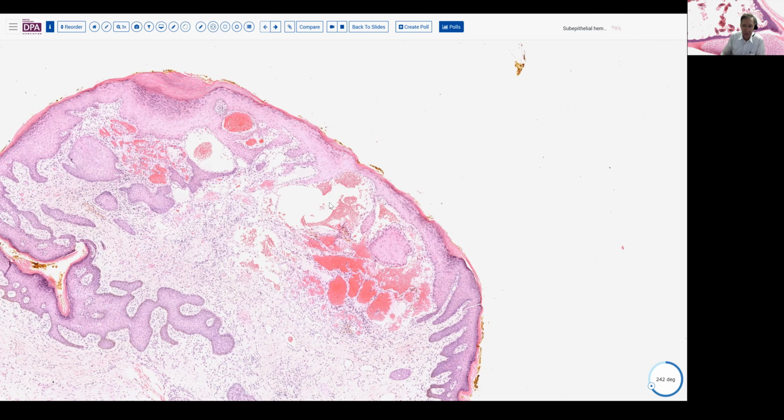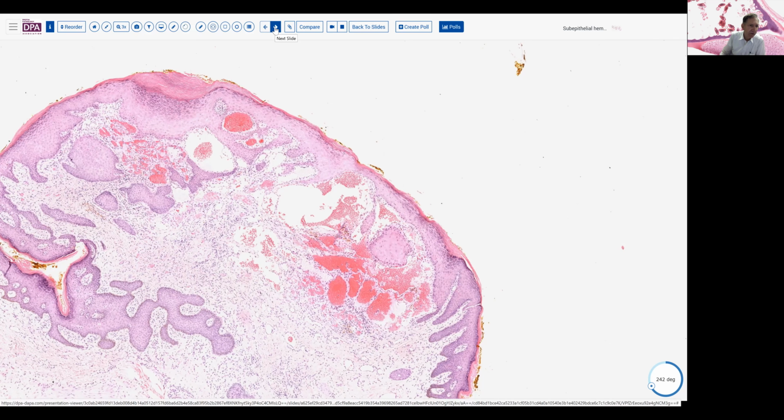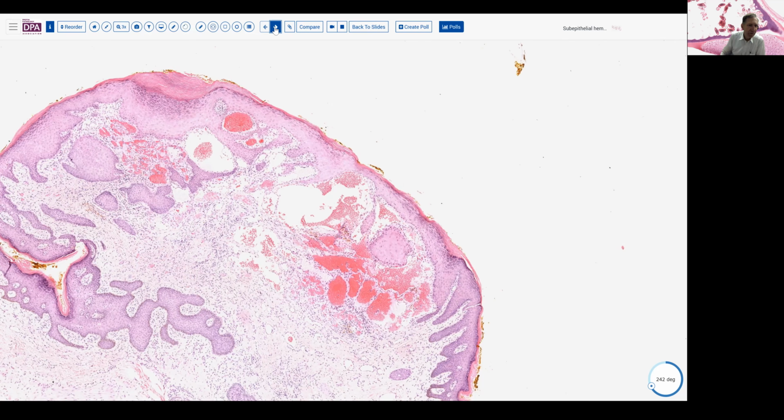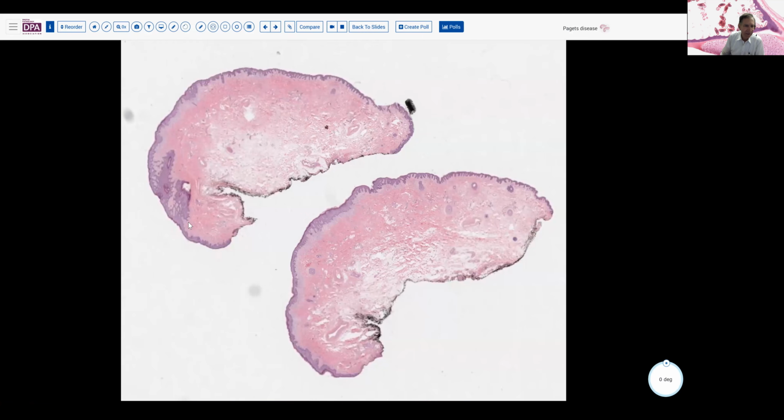So an angiokeratoma of the vulvar skin, not in this case associated with Fabry's disease, but something to keep in mind if there are other symptoms present. In fact, I remember one particular clinical pathological correlation, the old CPCs from the New England Journal when I was just beginning training, where this was one of the key findings. So it's amazing how things from your residency can come back to you decades later.